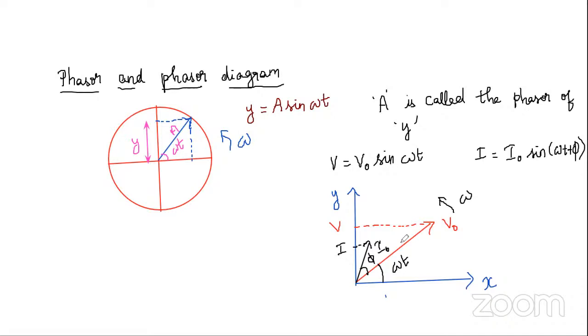But if you want to understand all these concepts, you need to understand the concepts of phasor diagram first. Then only you will be able to understand the different kinds of AC circuits. The LCR circuit and circuit having just inductor, just resistor, all these concepts can be understood only when you understand the concept of phasor diagram.